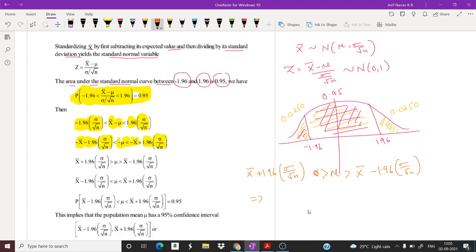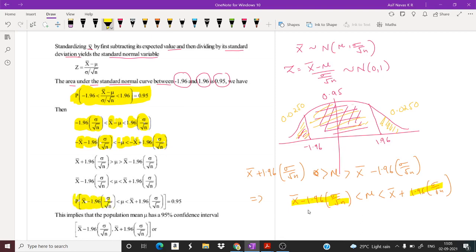So which implies x bar minus 1.96 sigma by root n less than mu less than x bar plus 1.96 sigma by root n. Therefore, this probability of mu in between these values is 0.95.